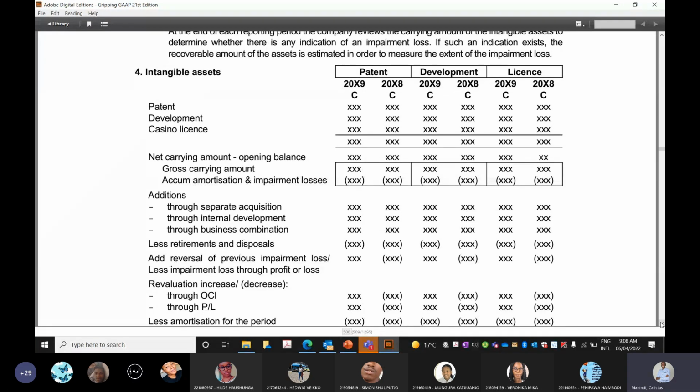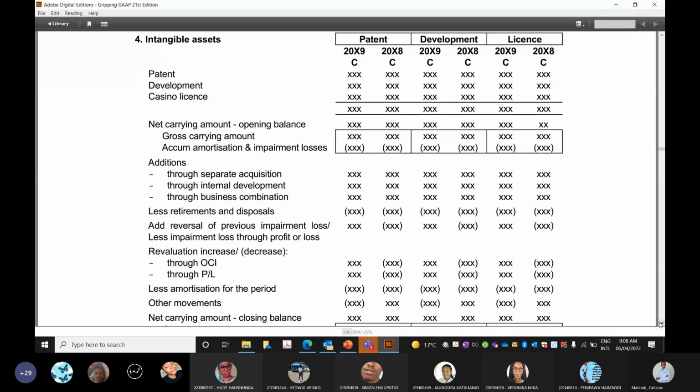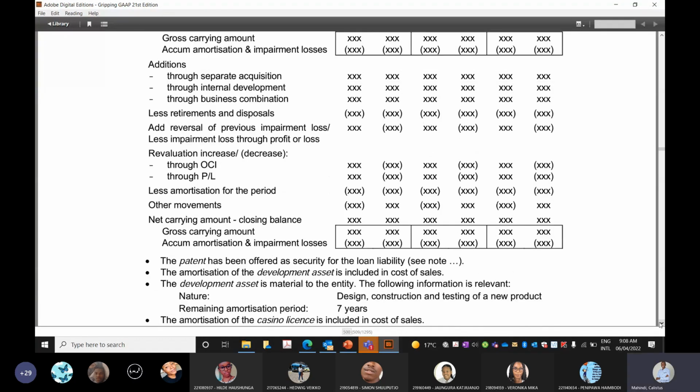All right. So that is one of the main things relating to the intangible assets. Do you have any questions? Are there any questions?